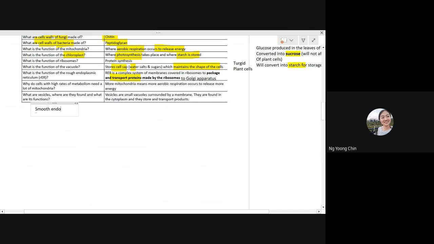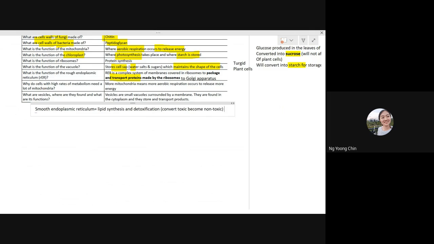So smooth endoplasmic reticulum usually does lipid synthesis and also detoxification. Detoxification means that they will remove the toxins in your body. They will convert the toxic substance to become non-toxic.